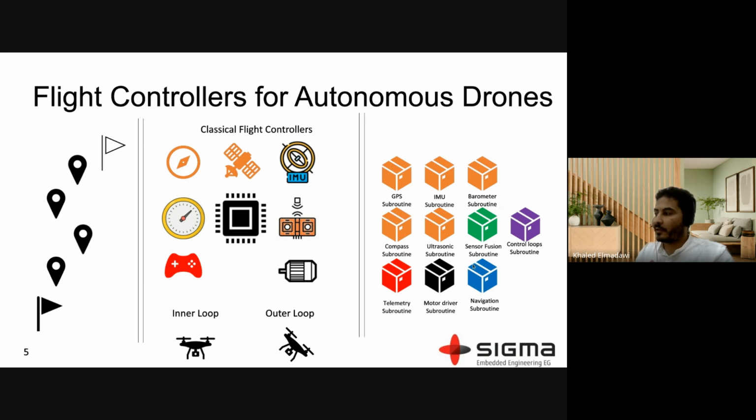These types of subroutines do not observe a certain state, but they do processes that help the drone do its mission in an autonomous manner and in a stable way. This software stack combined is called a flight controller software stack, or the firmware of a drone or a flight controller. And this is mainly the classical way of doing flight controllers, or how a flight controller classically works.